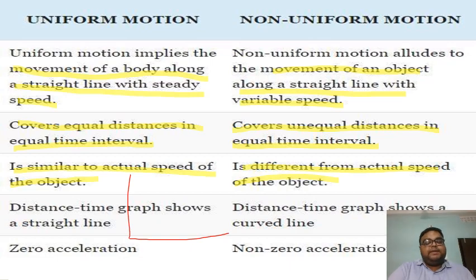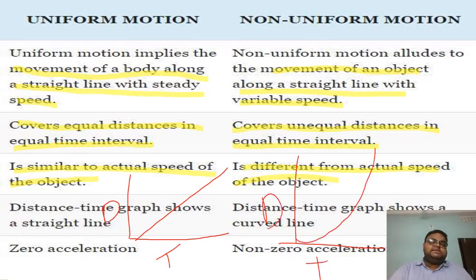So for the distance-time graph, d and t, for uniform motion it will be a straight line, but for non-uniform motion it will be like this. Okay, students? In the case of uniform motion, there will be no acceleration, or we can say zero acceleration. But in the case of non-uniform motion, there will be non-zero acceleration. Understood, students?